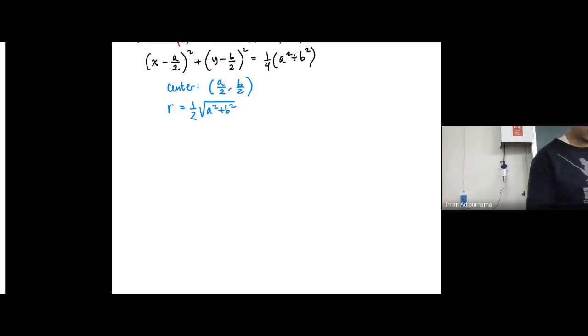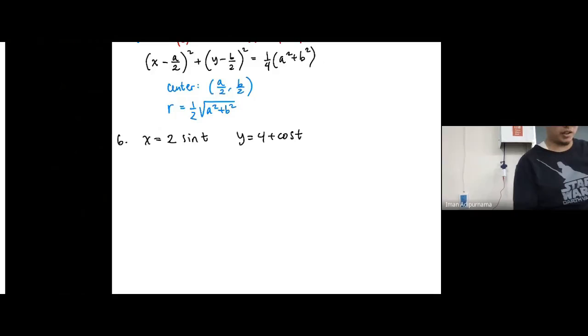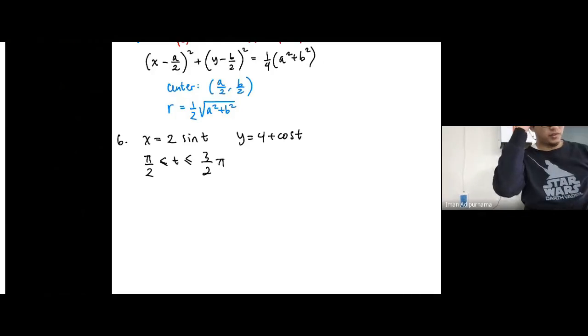Okay, number 6. We have the parametric equations x equals 2 sine t, and y equals 4 plus cosine t, and t is evaluated from pi over 2 until 3 over 2 pi.